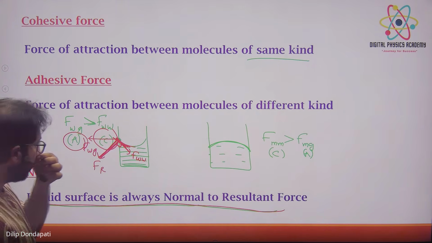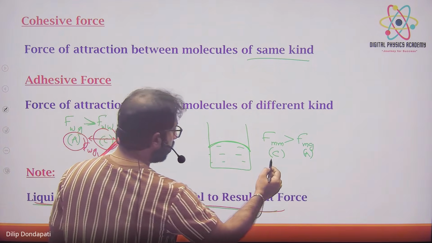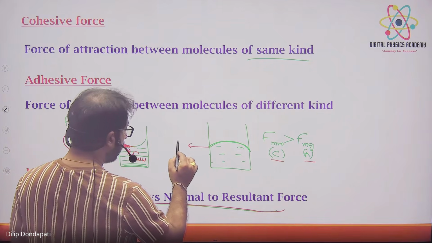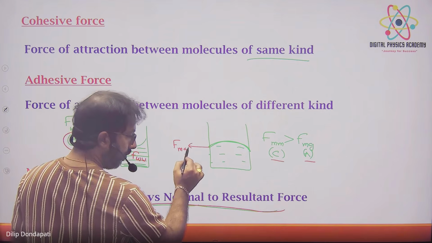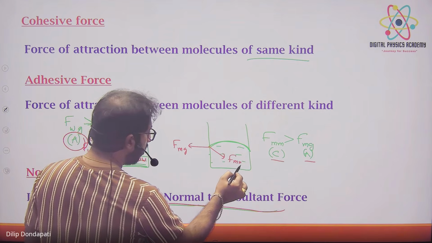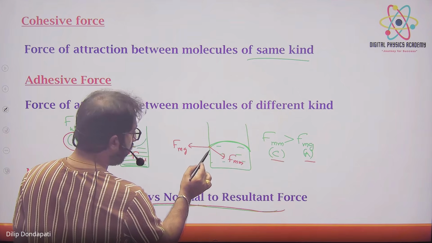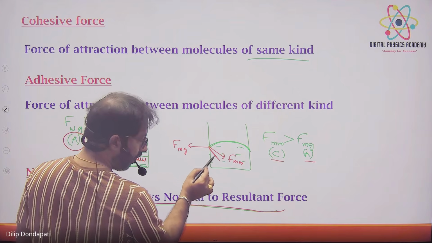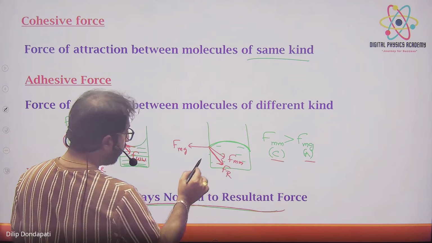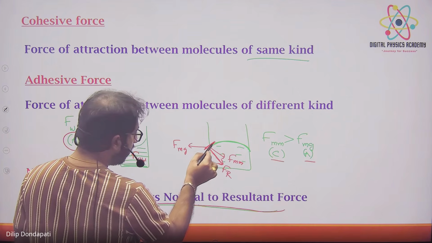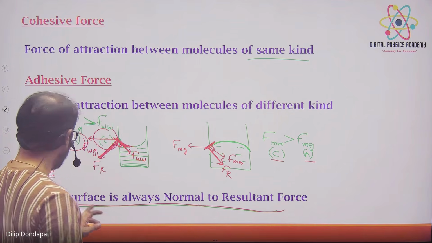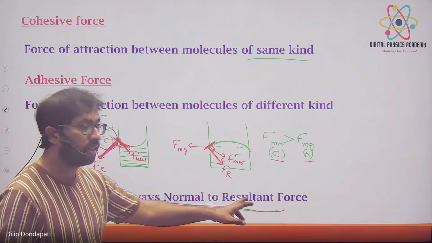Okay, similarly इसमें क्या होगा, cohesive force is greater than adhesive force. Cohesive force देखो, one force is force on mercury due to glass and force on mercury due to mercury. Cohesive force ज्यादा है ना, ज्यादा है तो क्या होगा, the resultant is like this, near to the mercury. मतलब देखो, the liquid surface is always perpendicular to the resultant force.